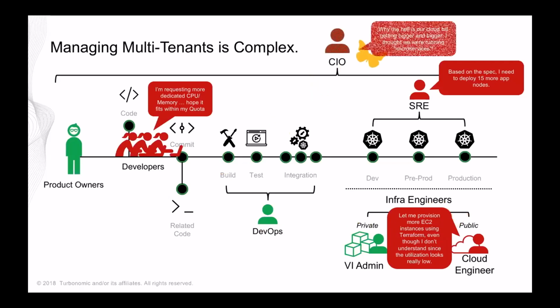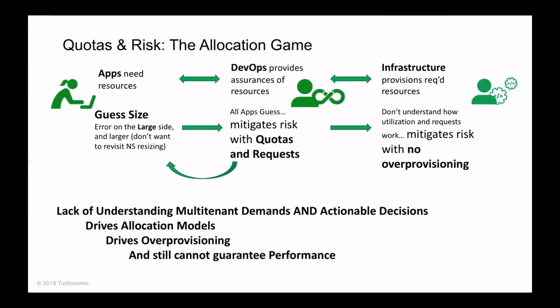And someone says, whoa, what's going on with the cloud bill? I thought we were running micro services, not macro services. And the reason we get into this butterfly effect is there's risk in running multiple applications in a single cluster.